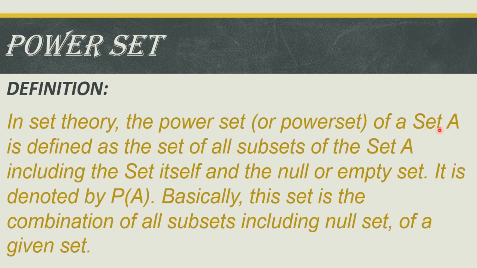Here we have set A, so we write A in a bracket. If we have set B, we write B in a bracket. P denotes power set. Basically, this set is the combination of all subsets, including the null set, of a given set.